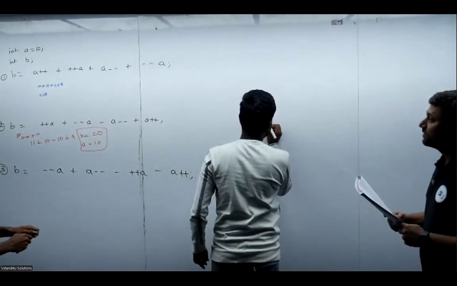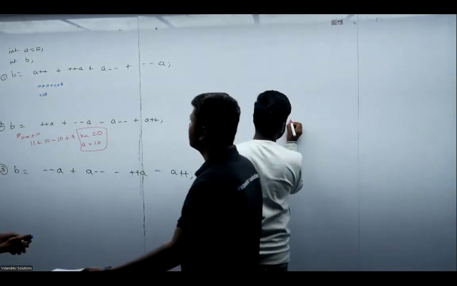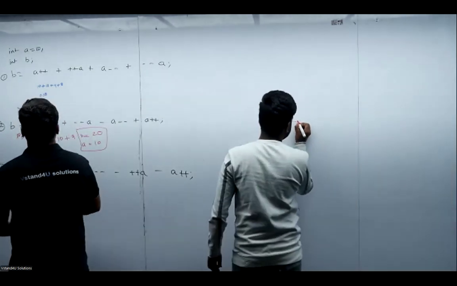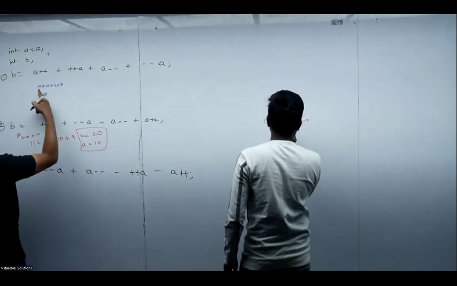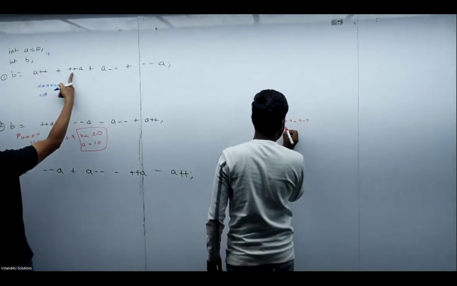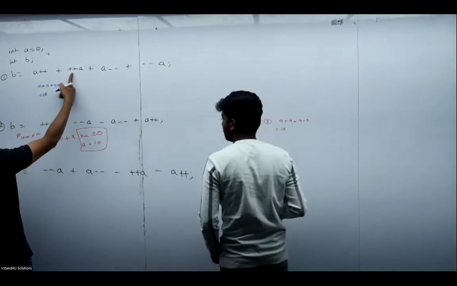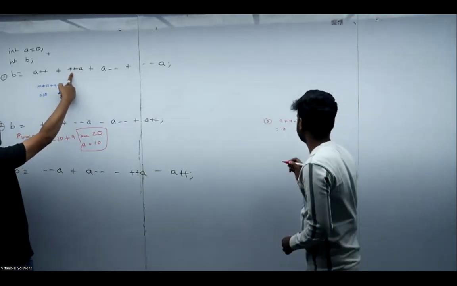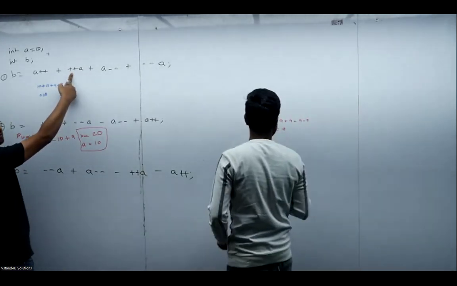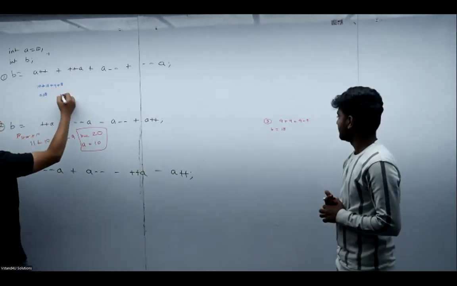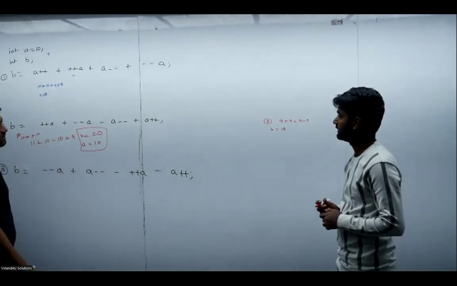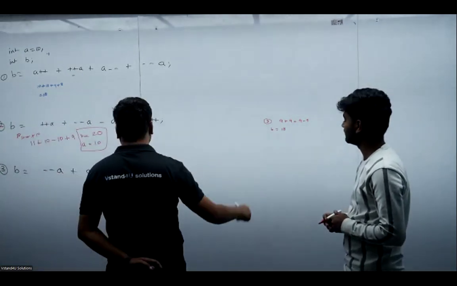So what is the equation you have solved? Current value was 10. I have used the current value. I have incremented to 11. Done. Then first I'll increment the value, no? For the third one, you have done it.